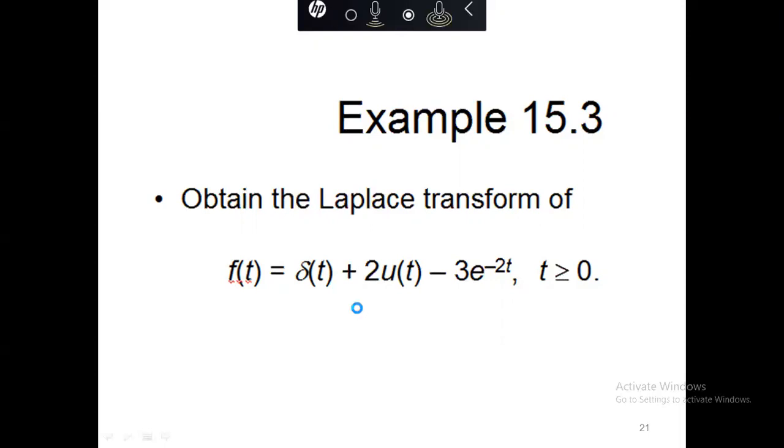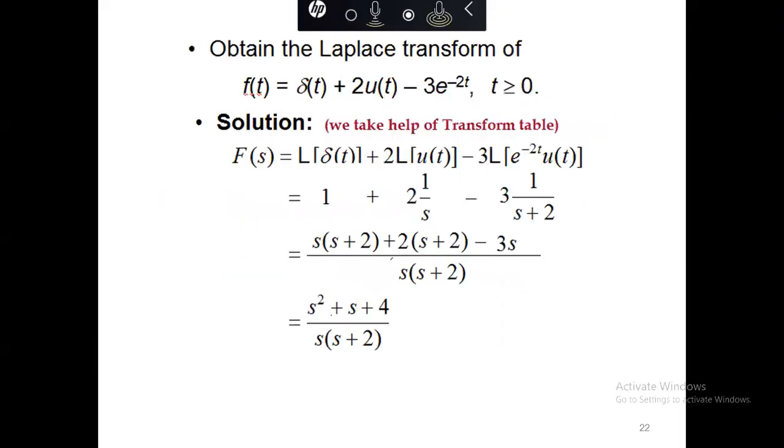So we have the Laplace transform of f1 of t, and we have 2 times the Laplace transform of u of t minus 3 times the Laplace transform of e to the minus 2t.